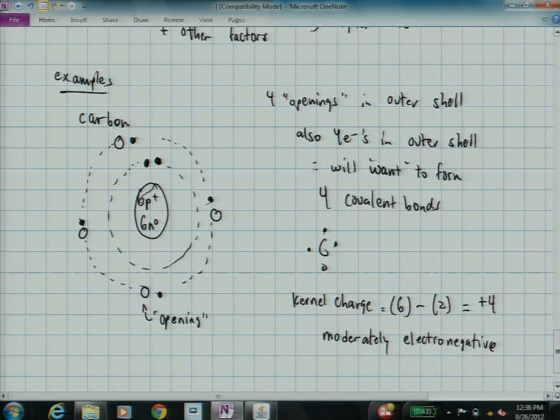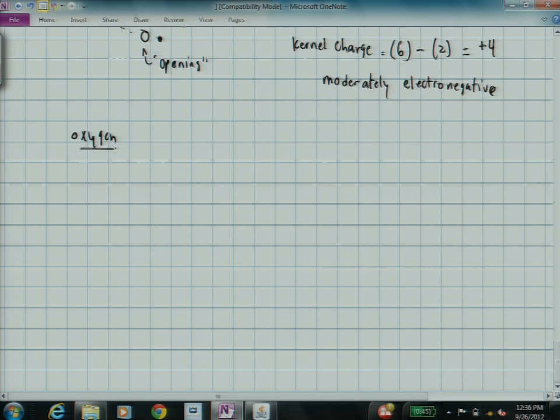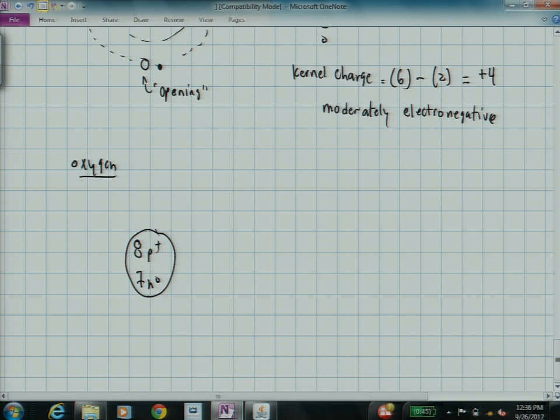All right. Let's do one more, and again, talk to your neighbor. It's a slightly more complicated one. Oxygen. And oxygen's deal is it's got 8 protons and it's got 7 neutrons in the nucleus. So same deal. Figure it out, talk to your neighbor. I've upped the ante, right?